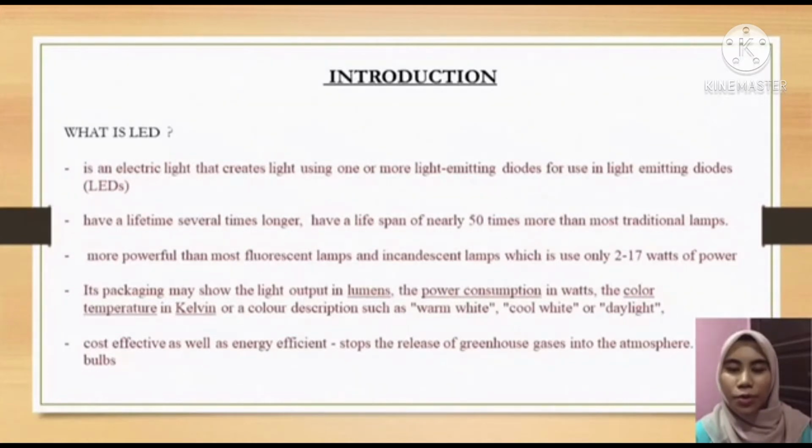LED is also more powerful than most fluorescent and incandescent lamps. Besides, its packaging may show the light output in lumens, the power consumption in watts, the color temperature in Kelvin, and a color description such as warm white or cool white. Lastly, it is also cost-effective as well as energy efficient.